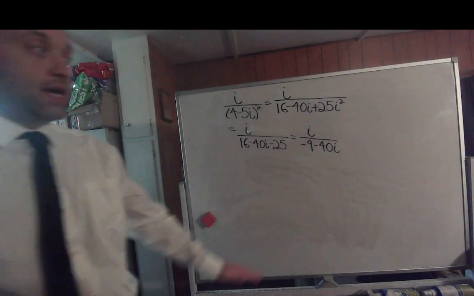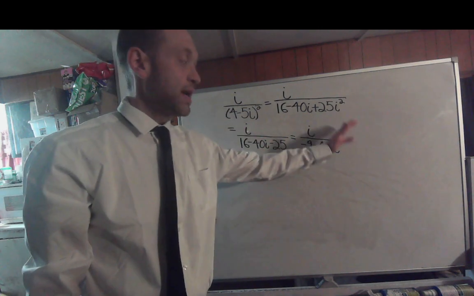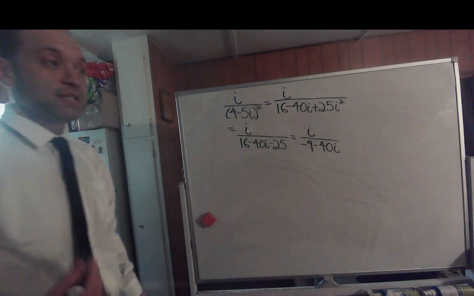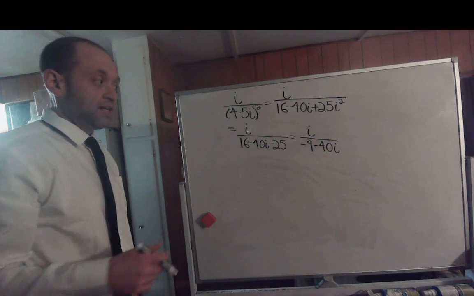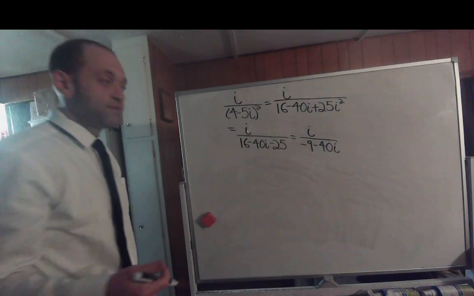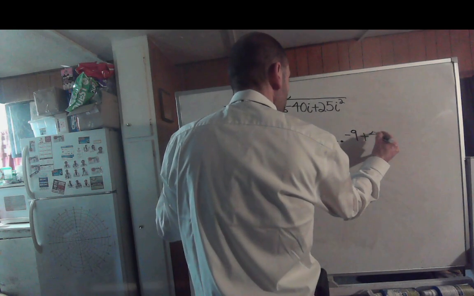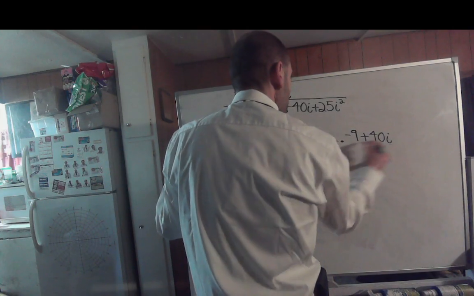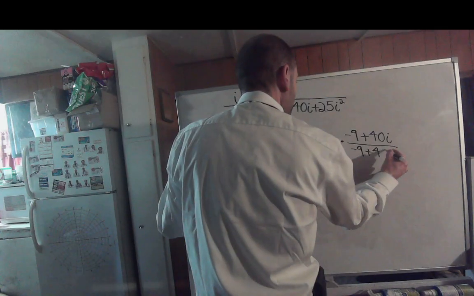Now we can go ahead and rationalize the denominator by multiplying the numerator and denominator by its complex conjugate. Well, the complex conjugate of negative 9 minus 40i is negative 9 plus 40i. So this would be times negative 9 plus 40i all over negative 9 plus 40i.